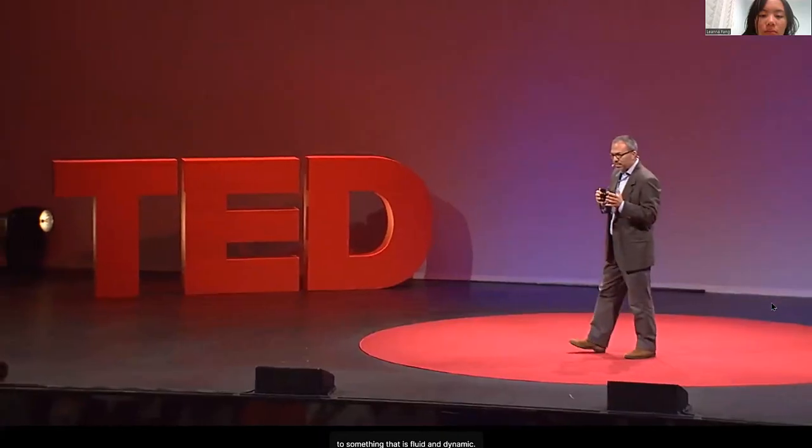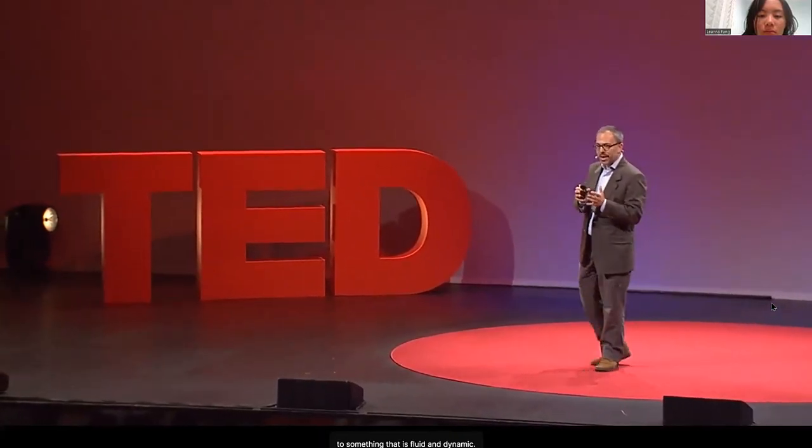And what we can do is reuse this information for uses that we never even imagined when we first collected the data. In this respect, the data has gone from a stock to a flow, from something that is stationary and static to something that is fluid and dynamic.